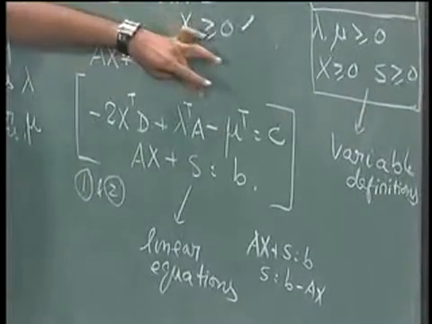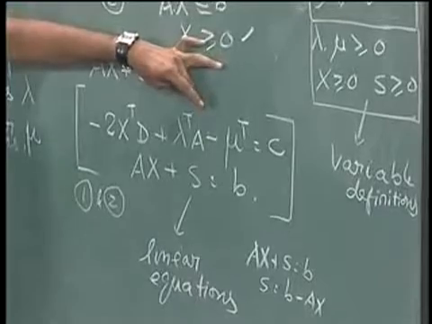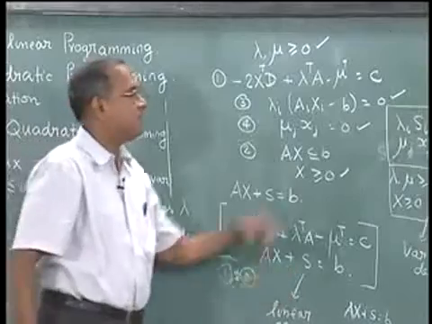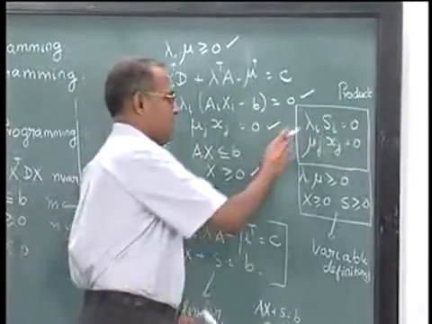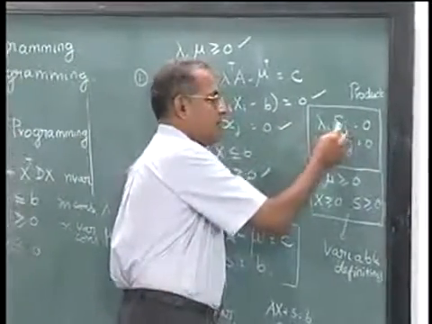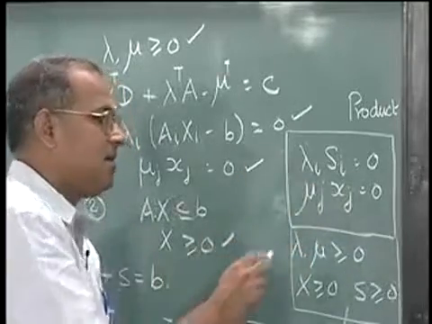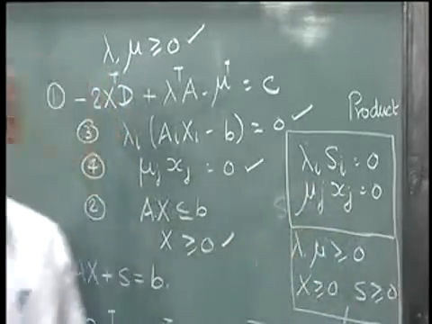Each one, for example, this is a partial derivative with respect to x. Therefore, this will have as many equations as the number of variables in the problem. This is as many equations as the number of constraints in the problem. This product form, lambda i si both depend on the number of constraints, mu j xj both depend on the number of variables, and lambda, mu, x, s are all variables.